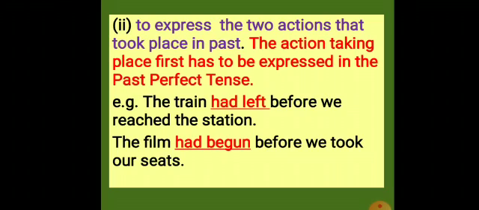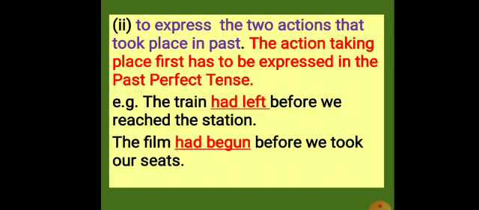The action taking place first has to be expressed in the past perfect tense. Both the actions took place in past, but even in those two actions, one action took place before the another action. So the action which took place before will be written in past perfect tense.